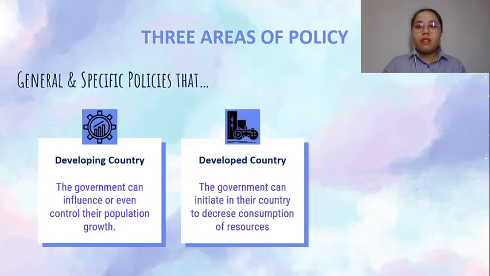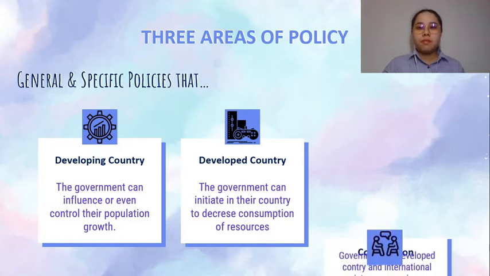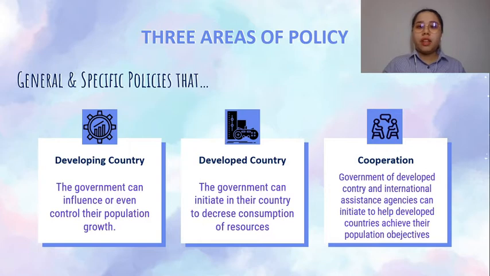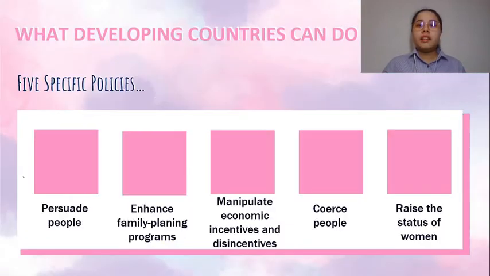Second is what governments of developed countries can initiate in their own countries to decrease the consumption of limited world resources and promote the benefit of equal distribution of global economic progress. Third is what governments of developed countries and international assistance agencies can initiate to help developing countries achieve their population objectives. Next, what developing countries can do.